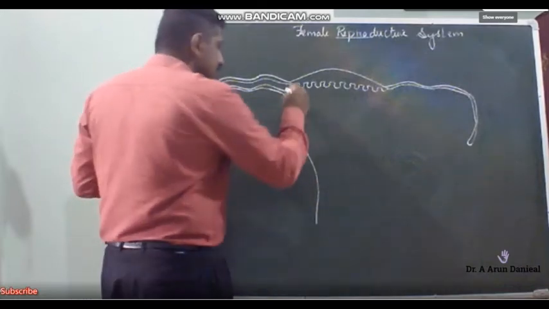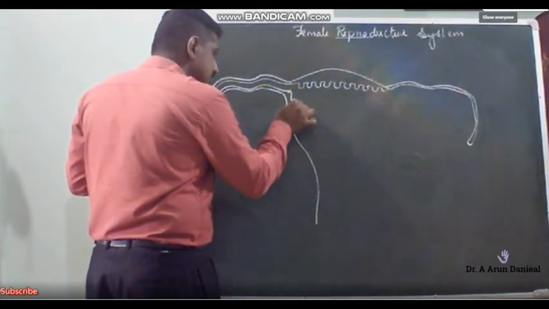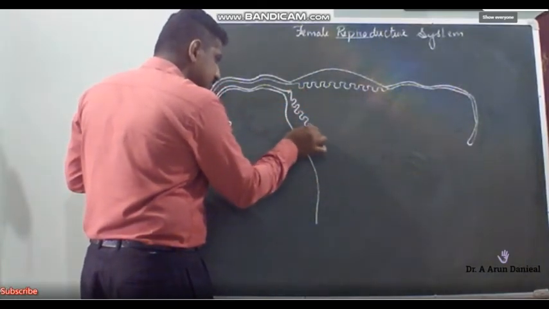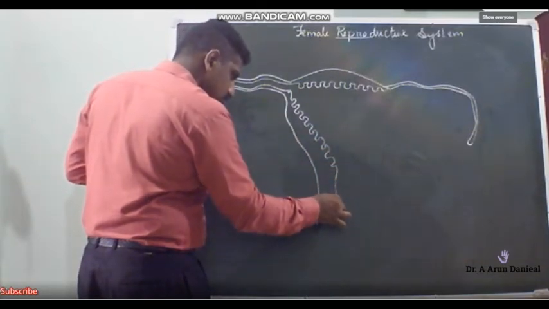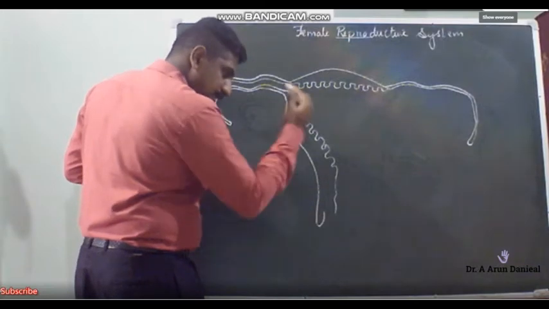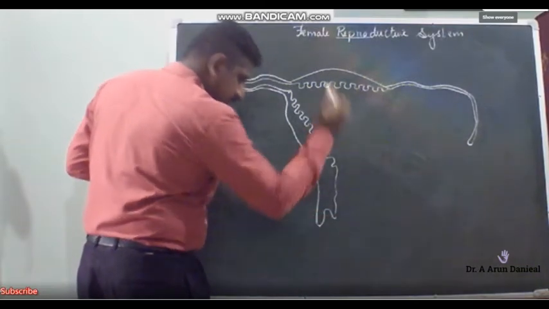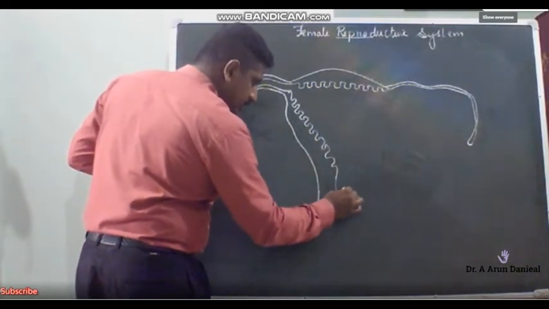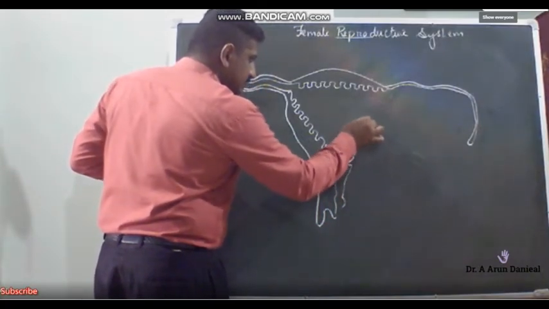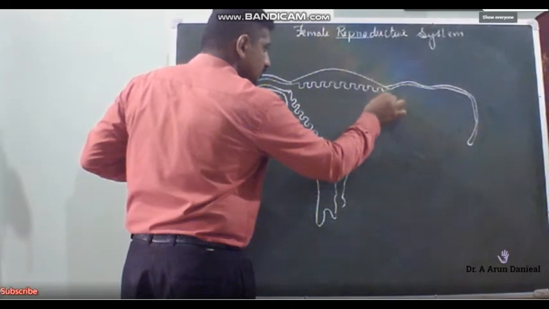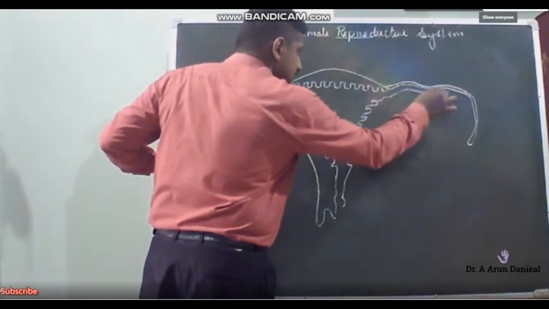Okay, then this part, the same way you extend like this. The same way you extend this part like this. Similarly you take this part, extend this like this, and again draw the structures.